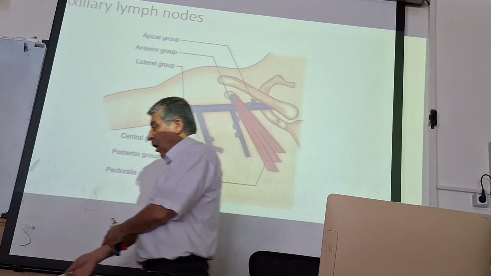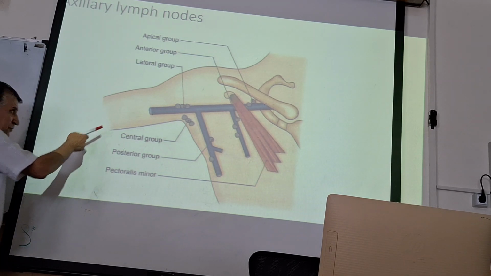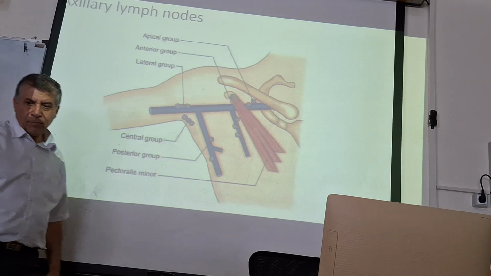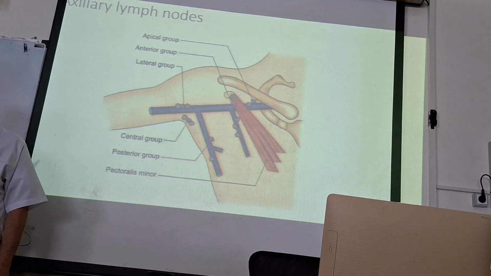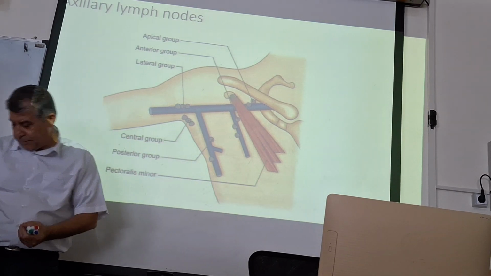Lymph of the upper limb drains into the lateral group. What is the function of the anterior group? It drains lymph of the breast. What is the function of the posterior group?